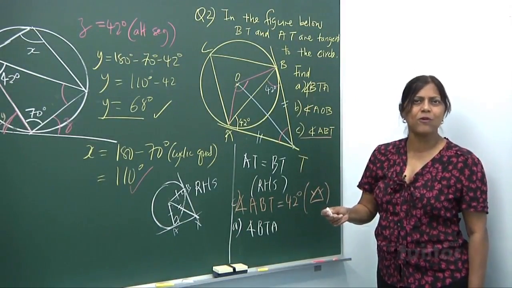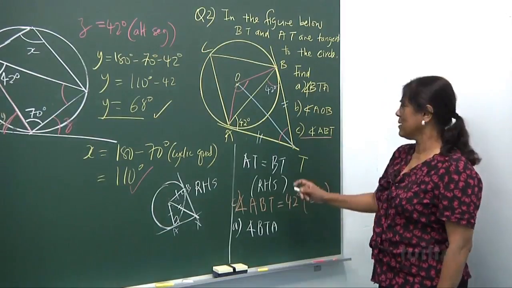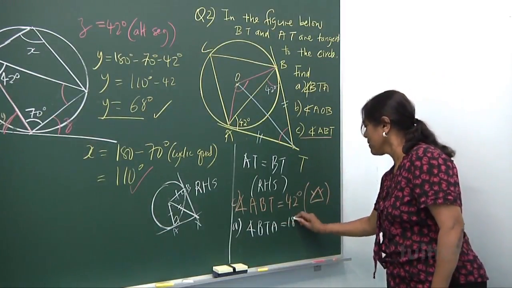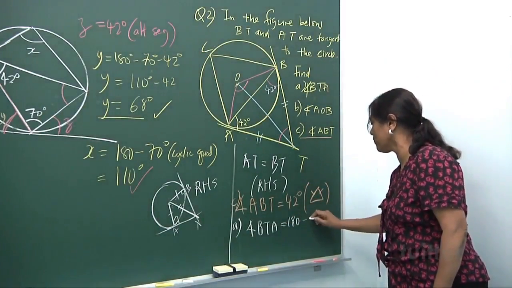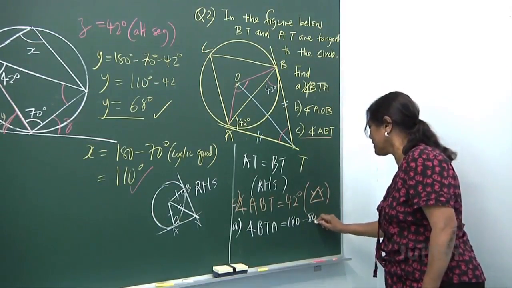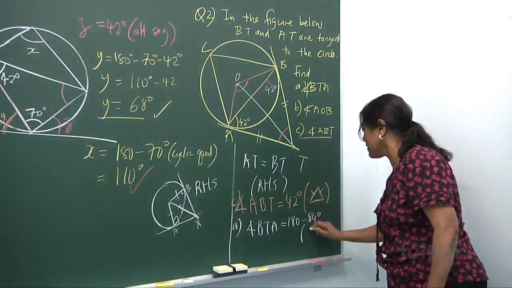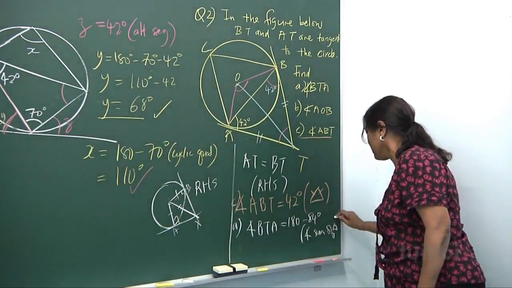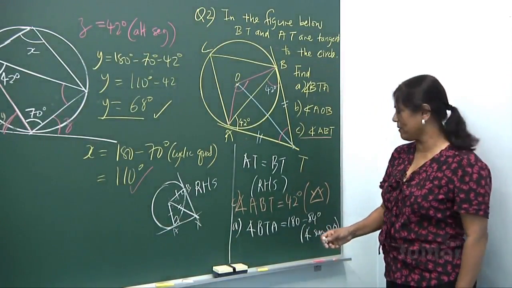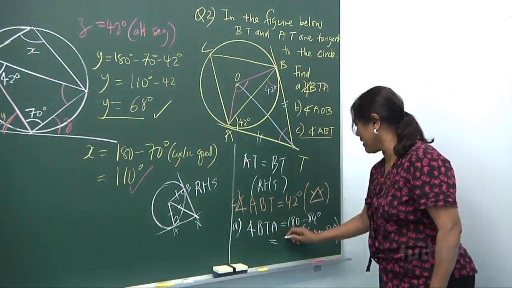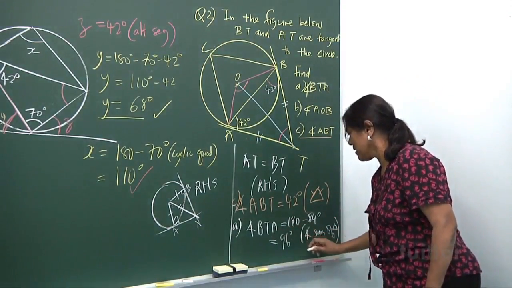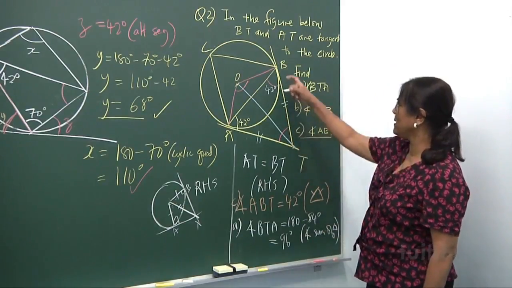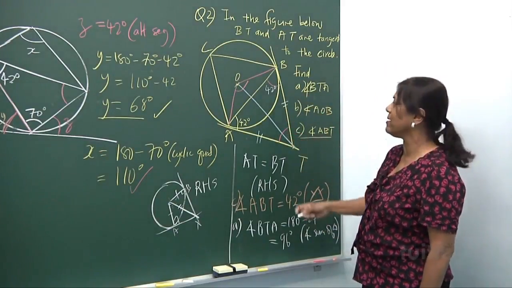Angle sum of triangle. Alright, so it's 180 minus 42 again, minus 84 degrees. Reason, angle sum of triangle. A simple reason like that. And you get 96 degrees. Yes. So angle BTA is 96 degrees.